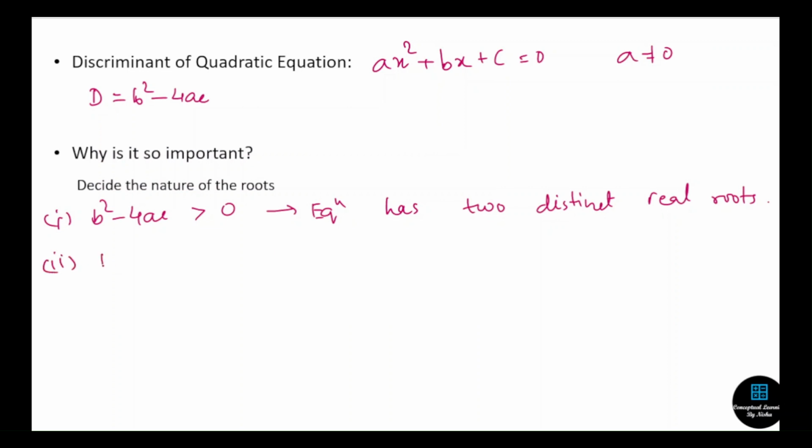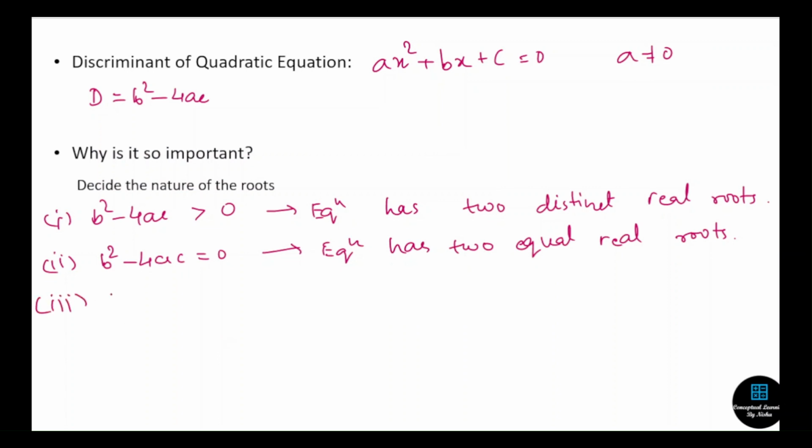Now the second condition is when b square minus 4ac equals 0, then the equation has two equal roots which are real. Alright, and the third condition is when b square minus 4ac is less than 0, then the equation has no real roots.